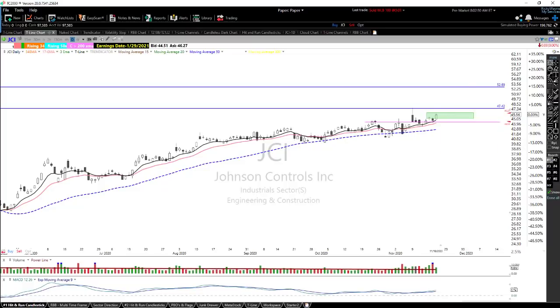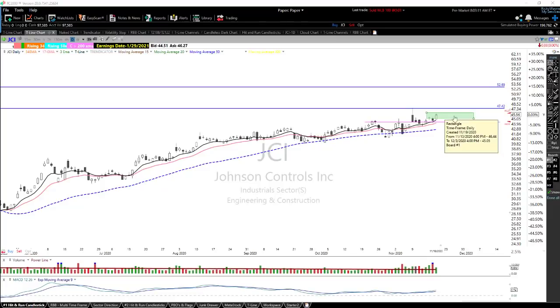And I might be willing to take this trade before we get there, because here's what's happened. We've run up, we've come back, we tested all this in here. Now this might be the second run, and I might be willing to get in this green box here, looking for that second run.